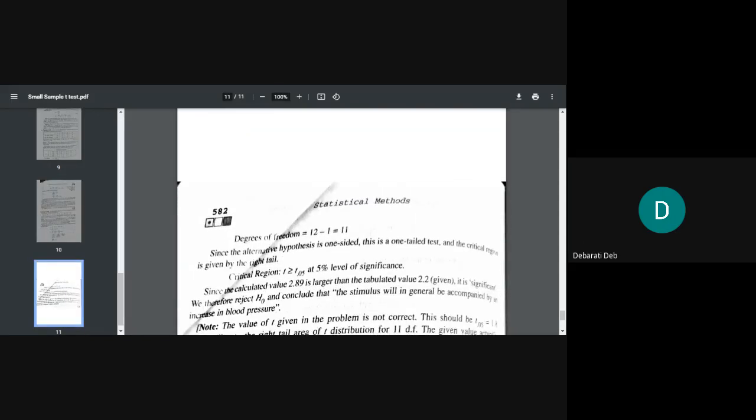So mu x greater than mu y, you are stating. That's why you need to write that this value of the calculated t is falling in the critical region. That is why we reject the null hypothesis and conclude that the stimulus will be accompanied by an increase in blood pressure. This way you will conclude.